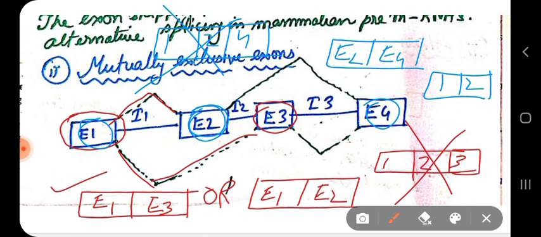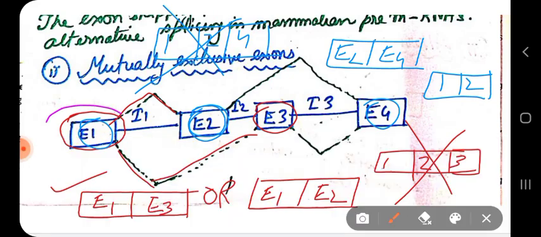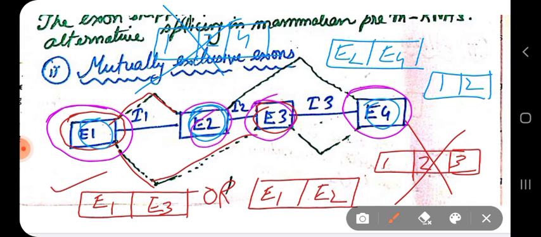So in short, we can say that exon number 1 and exon number 4 can be retained with either exon 2 or exon 3. All of them will not remain together.